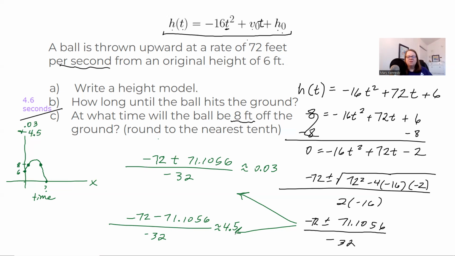Notice how close that is to when it actually does hit the ground, which we found a moment ago was 4.6 seconds. It's all happening super fast. This entire process happens in less than 5 seconds, right? So there's a connection for you, and hopefully that helps you understand why there are 2 answers to this question. All right, and we'll look at one more thing in the next one.